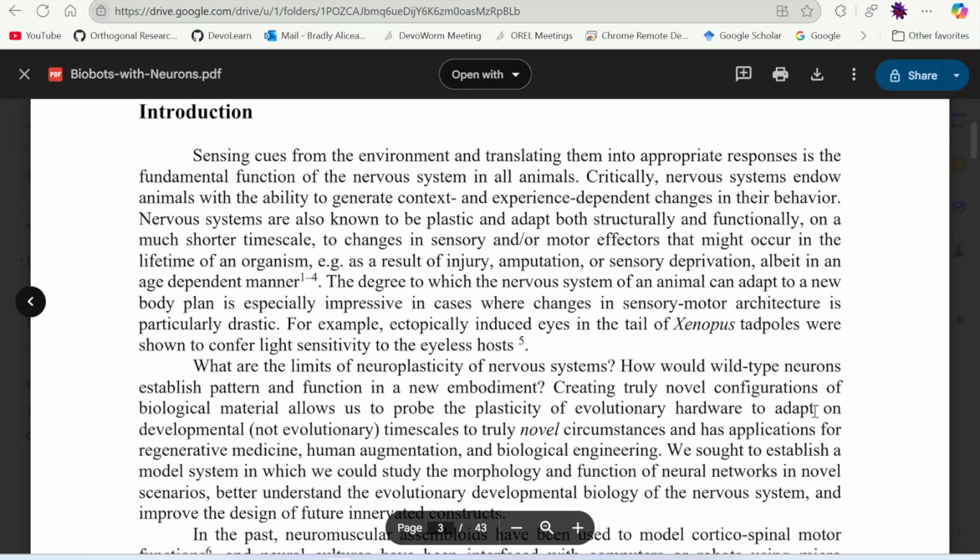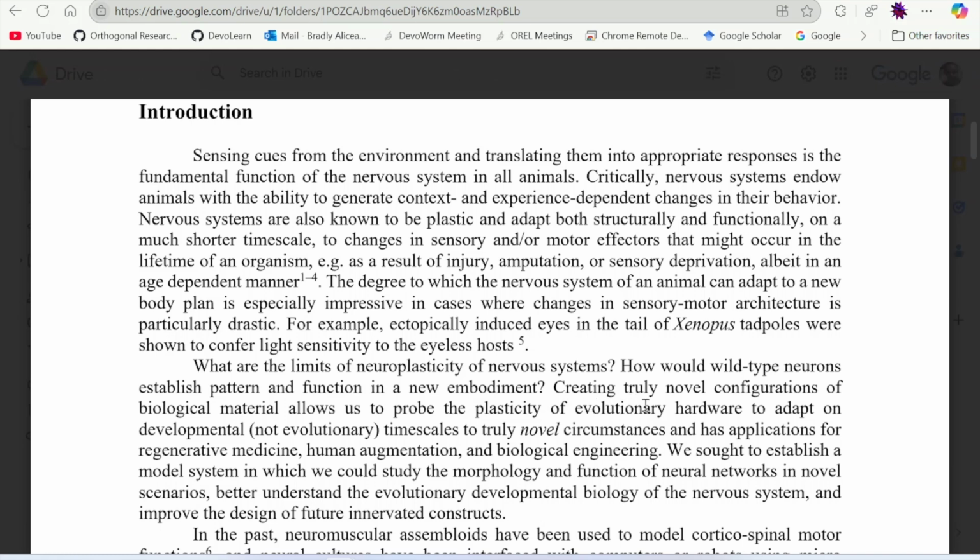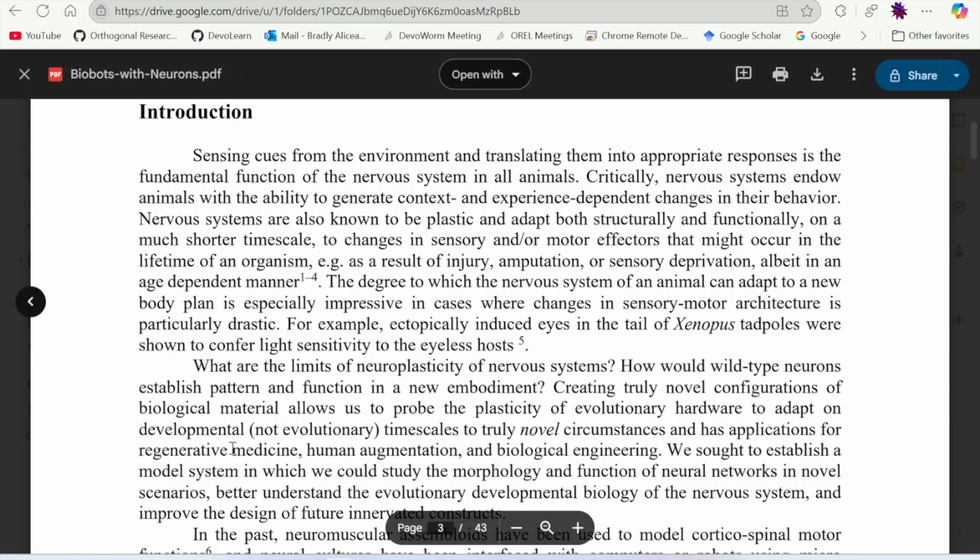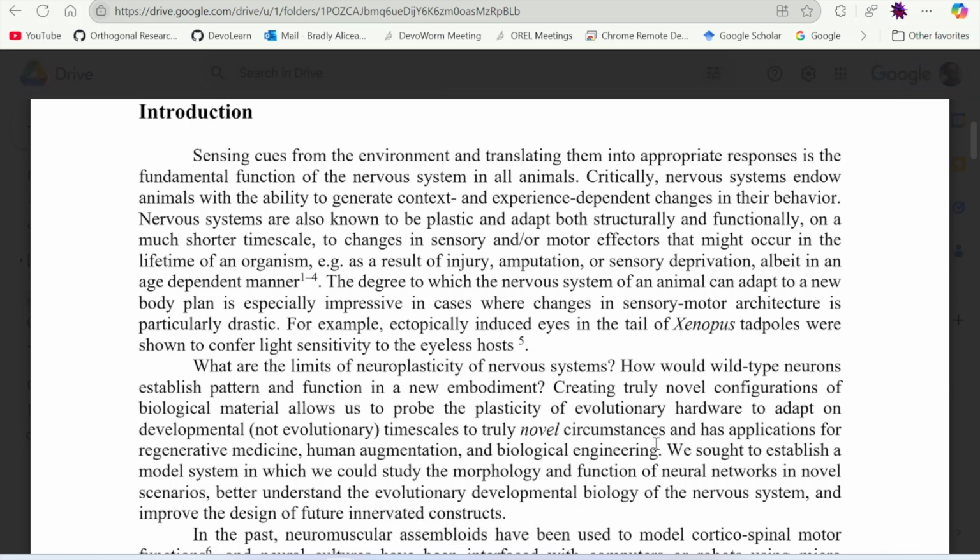And so we want to create these truly novel configurations of biological materials, which allow us to probe the plasticity of evolutionary hardware, to adapt on developmental but not evolutionary timescales, to truly novel circumstances, which have applications for regenerative medicine, human augmentation, and biological engineering.